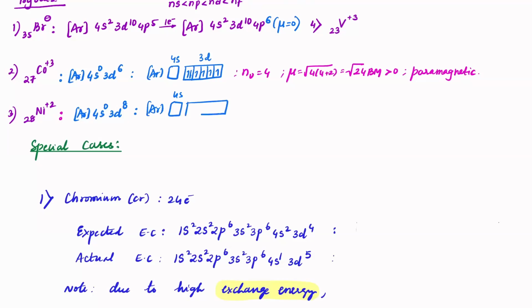Then in the case of 3d, we have 1, 2, 3, 4, 5, 6, 7, 8. You can clearly notice that the number of unpaired electrons is 2. And mu will be equal to under root of 2 into 2 plus 2, correct? So that is equal to root 8 Bohr magnetons. That is still greater than 0, which makes it paramagnetic.